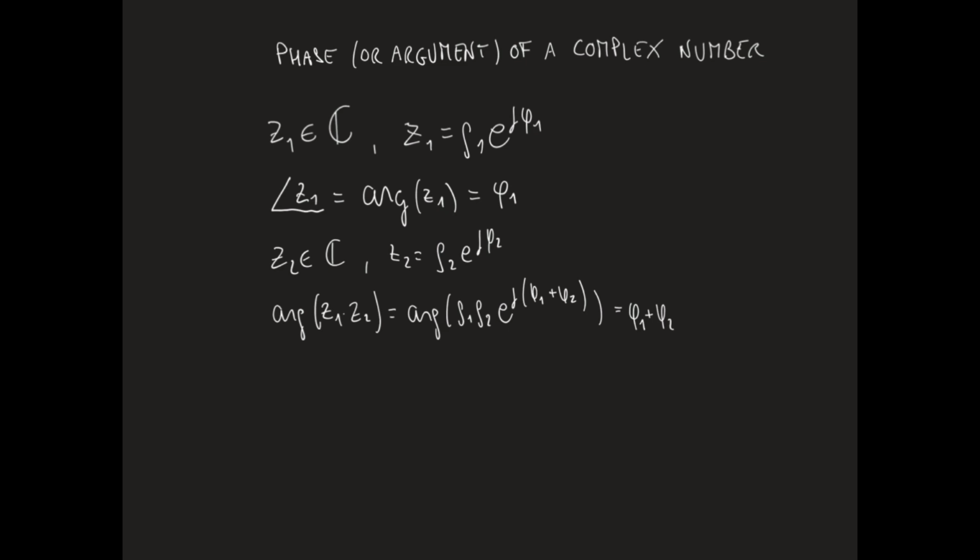So the argument of the product Z1 times Z2 is equal to the argument of Z1 plus the argument of Z2.